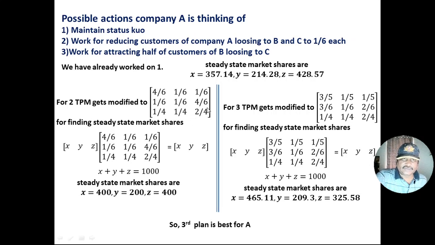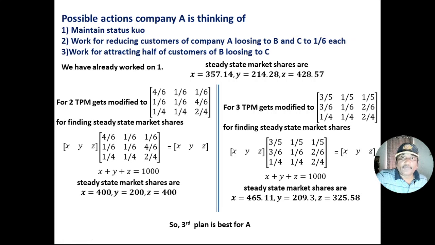Like we have seen, this course of action changes the transition probability matrix to this one. Now, in what way does work for attracting half of the customers of B losing to C change it?